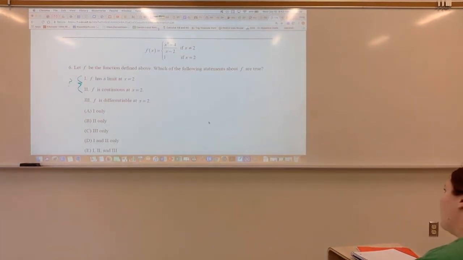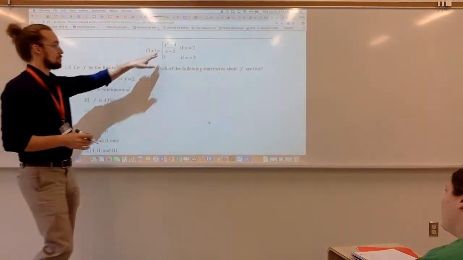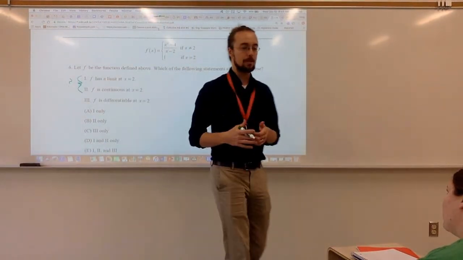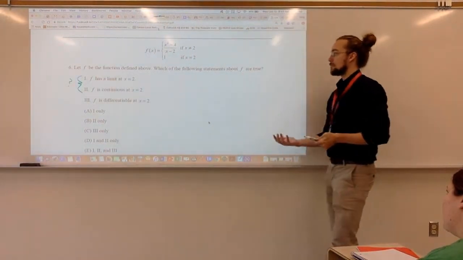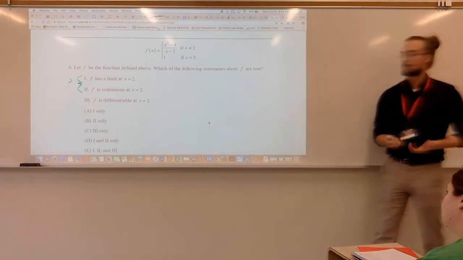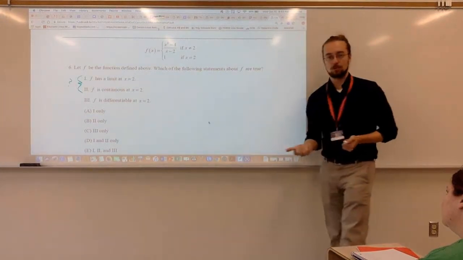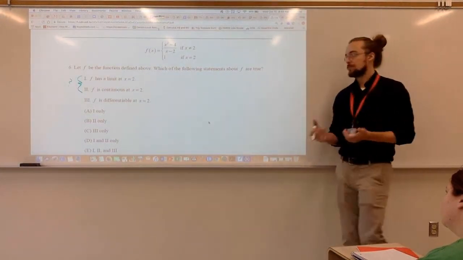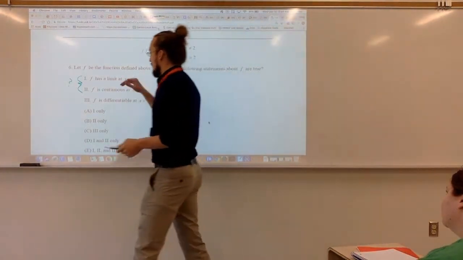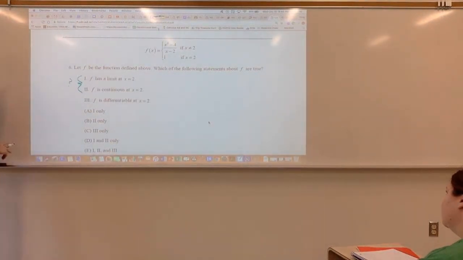Given this piecewise function, I've got x squared minus 4 over x minus 2 for every x value other than 2, and then it's defined as 1 if x does equal 2. The first thing we want to figure out is, does the function have a limit at x equals 2? How do I figure something like that out?